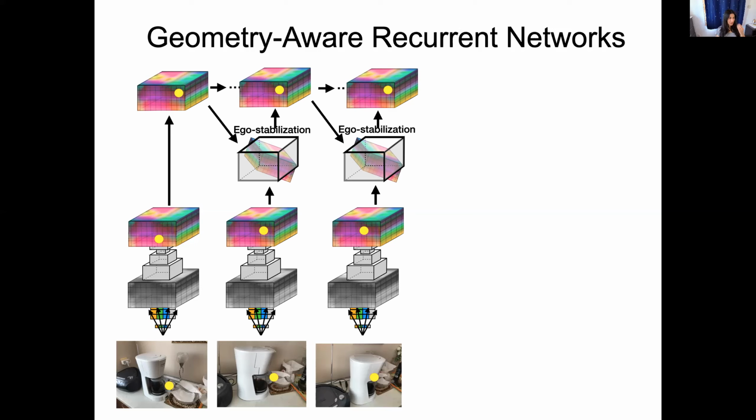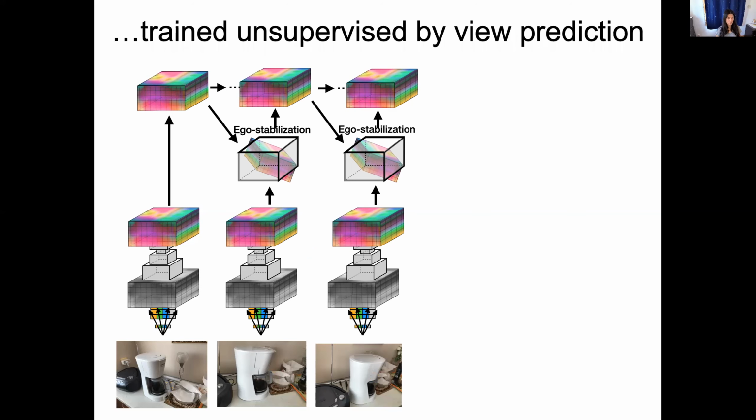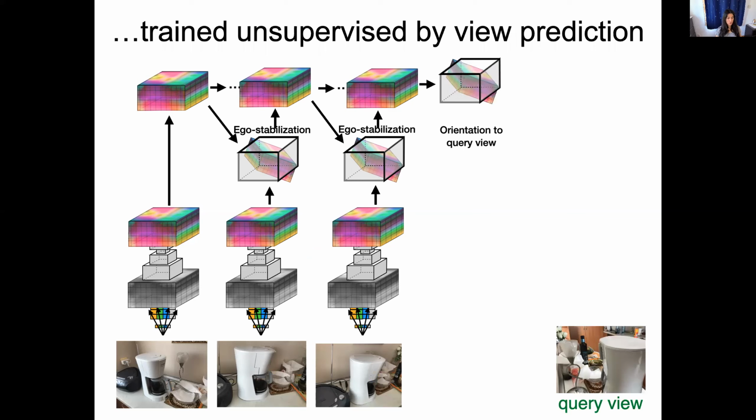Now we have a way to disentangle camera motion from scene appearance in a very similar way as SLAM, but instead of using point clouds, we use feature grids that we can train end-to-end for a downstream task. And the downstream task we'll consider is view prediction. We have an agent that moves around, sees query viewpoints, and is asked to predict from its hidden state that query viewpoint before seeing it.